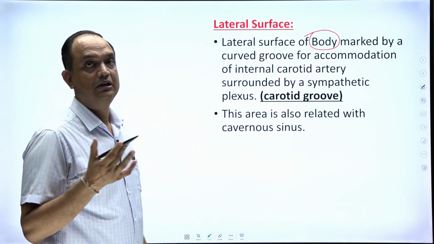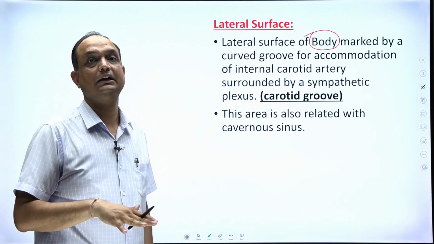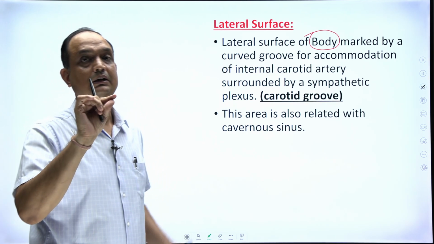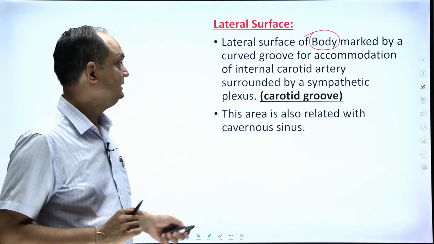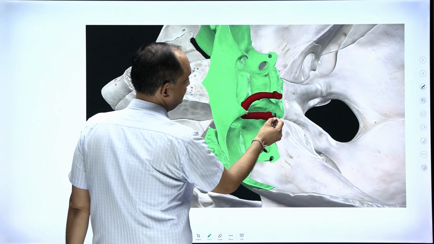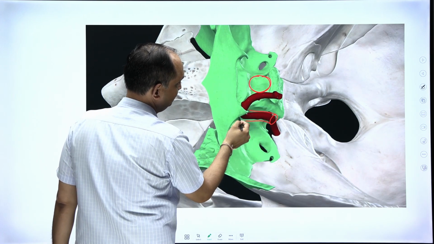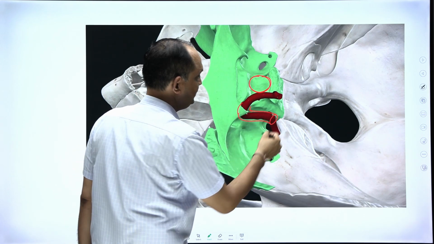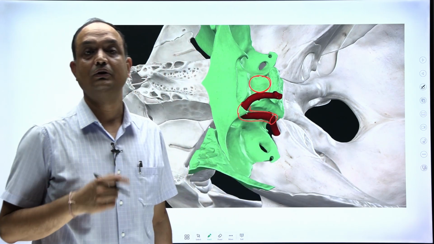When you see the body from the inner side, through the cranial cavity, you see the sulcus on both sides of the pituitary fossa. So this is the pituitary fossa in the midline, and on the side of the body you will find this F-shaped area, known as the carotid sulcus or carotid groove.